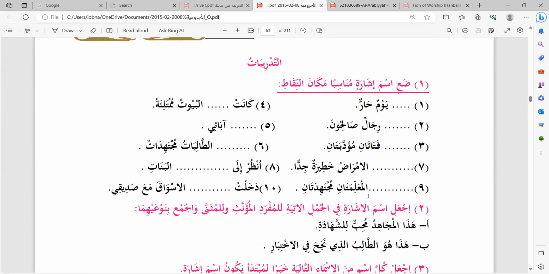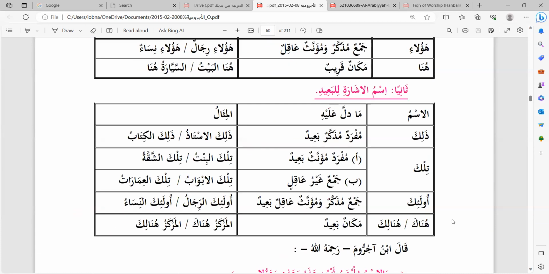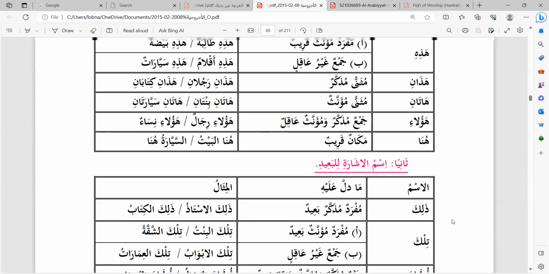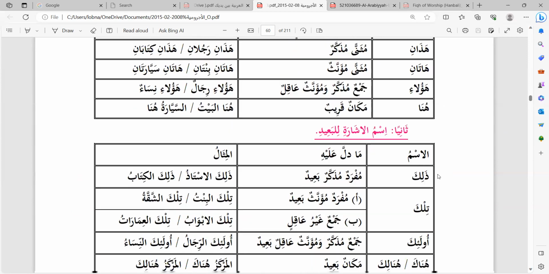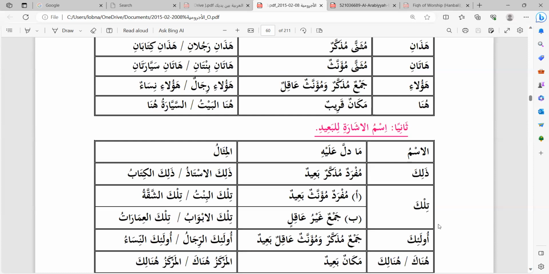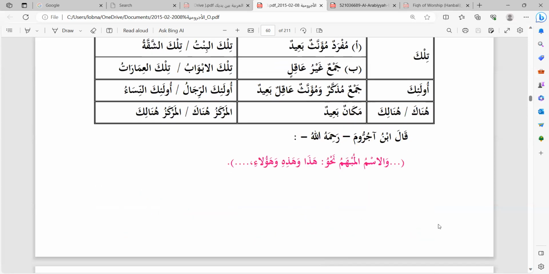Okay. المعلمتان مجتهدتان. معلمتان, two female teachers. مجتهدتان, they're both hardworking. What would you use? هاتان. هاتان should be fine. That's it.